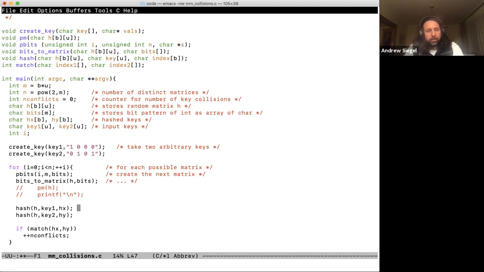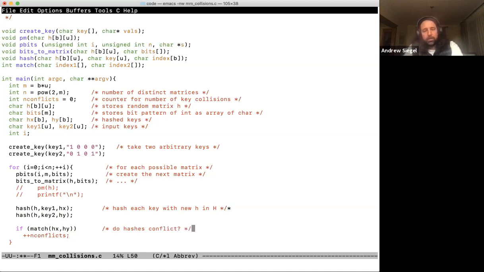Then I'm going to hash each key with each new h in H, and then see if they hash to the same value. So, do hashes conflict?